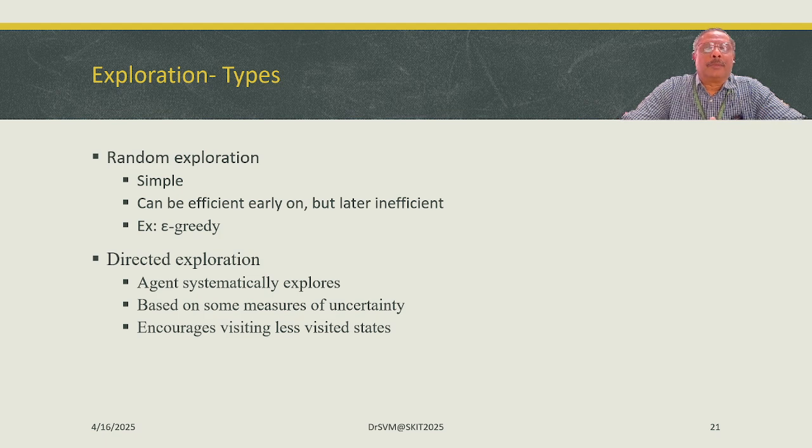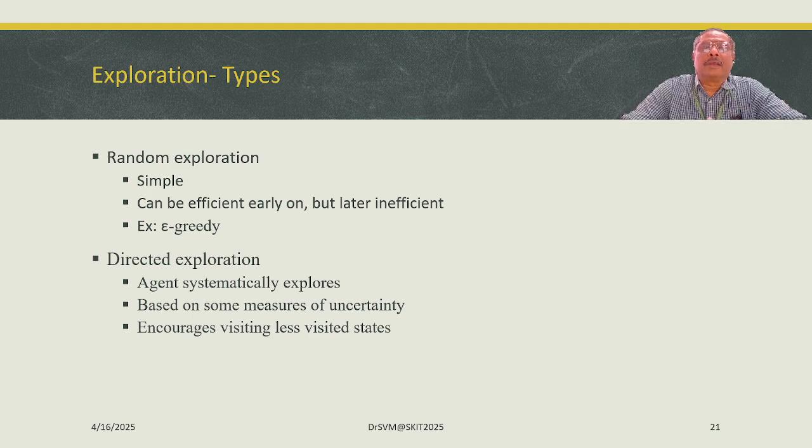We make use of some measures of uncertainty like variance and mean, and through that we find an action to be taken for a given state. In this type of exploration, we encourage visiting less visited states.